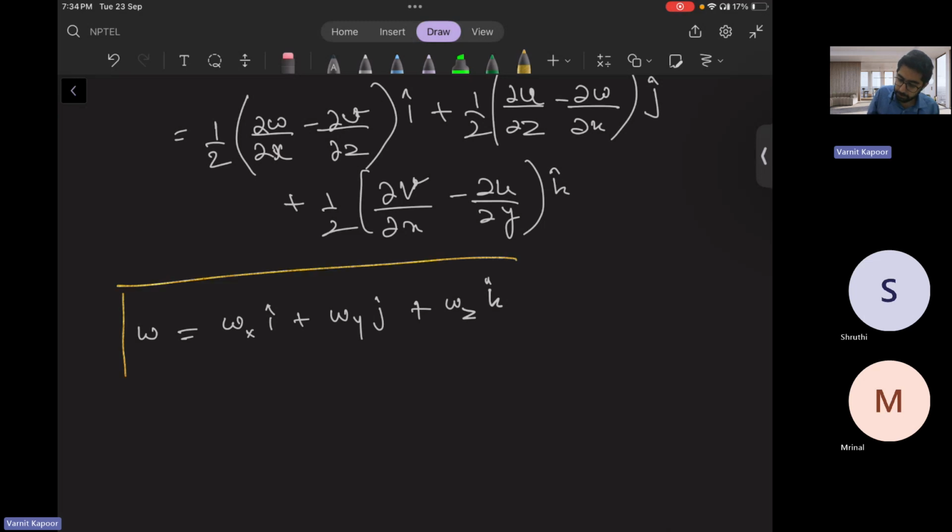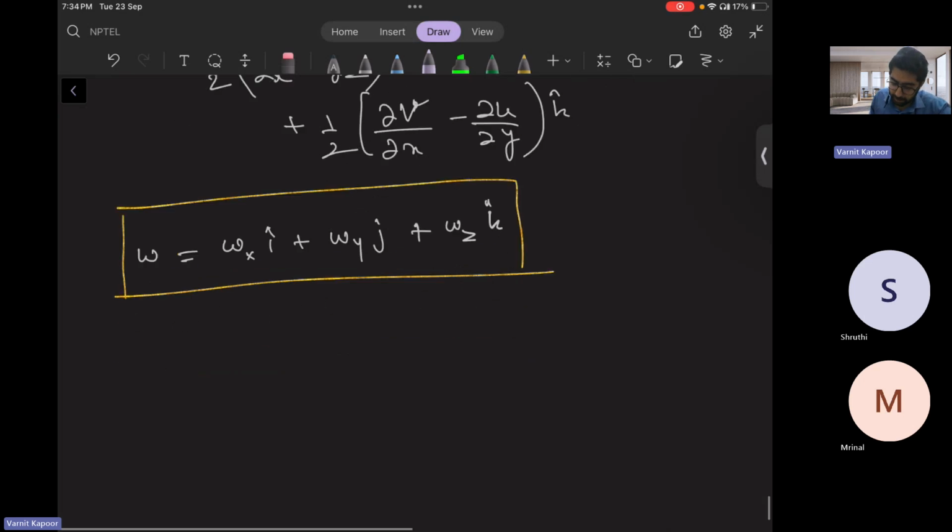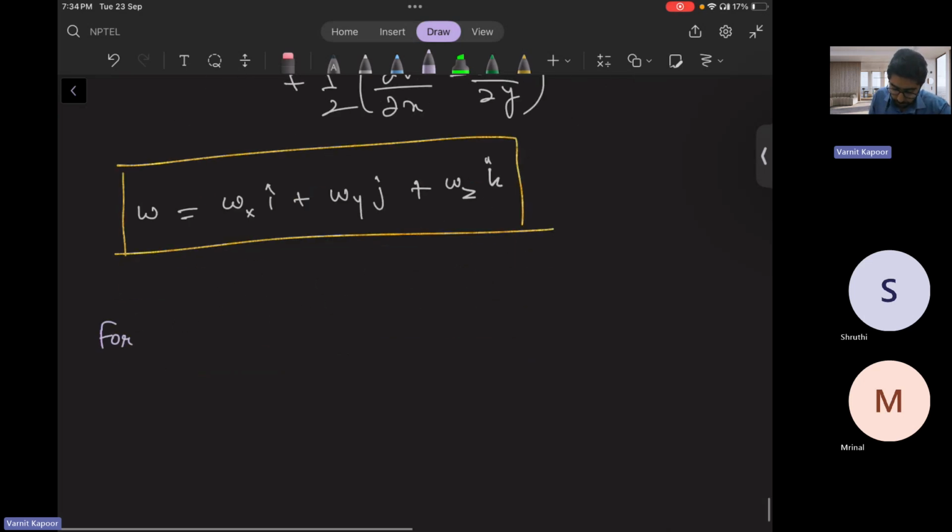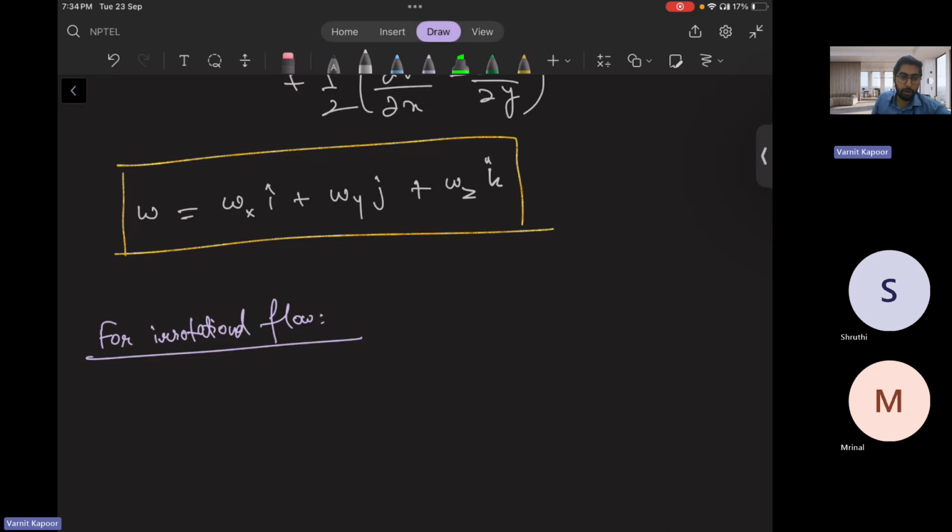So net omega is omega x i cap plus omega y j cap plus omega z k cap. If I'm saying my flow is irrotational, for irrotational my omega will be 0.